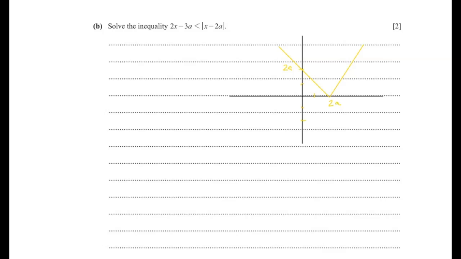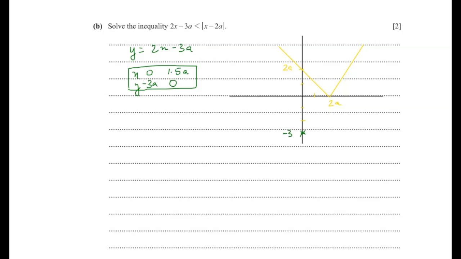On the same graph, if we plot y is equal to 2x minus 3a, I'm going to put in some values, specifically when x is 0, what is y, and when y is 0, what is x. So when x is 0, y is minus 3a. That is this point here. And when y is 0, x is going to be 1.5 times a.